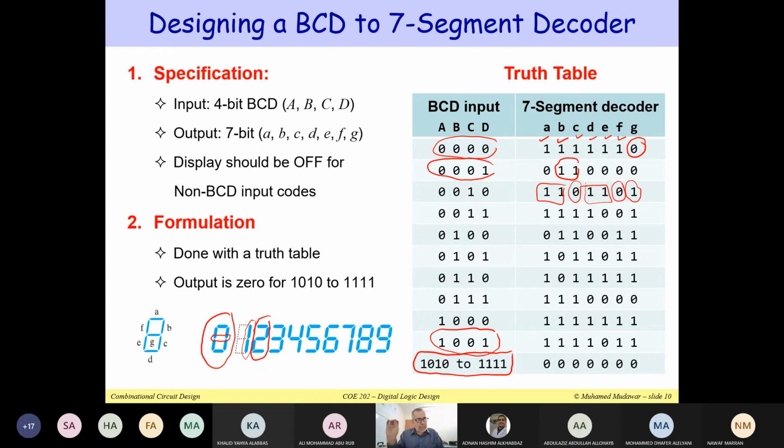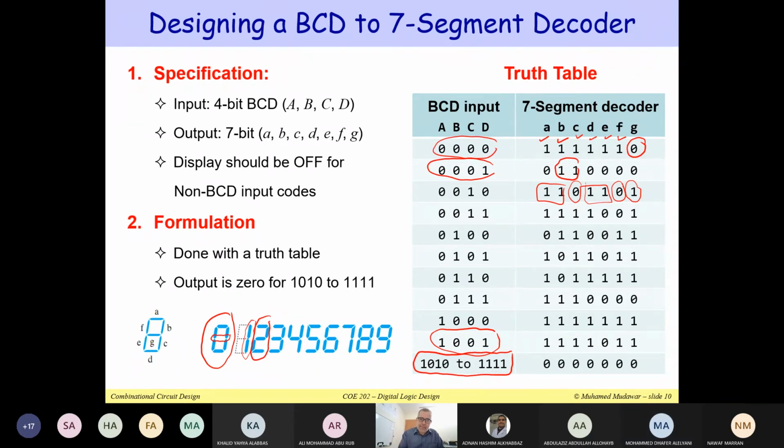So what we have to do is show which segments are 1s and which ones are 0s for the 7-segment display. Is this clear? So this is the truth table for our decoder. Students, any question? Yes.